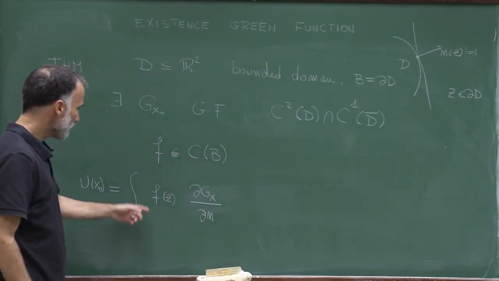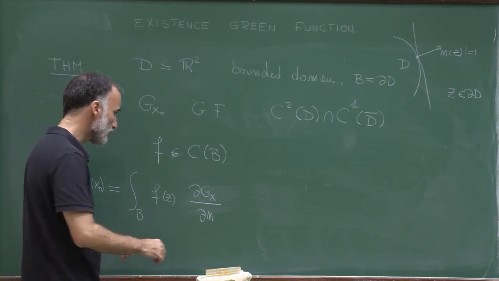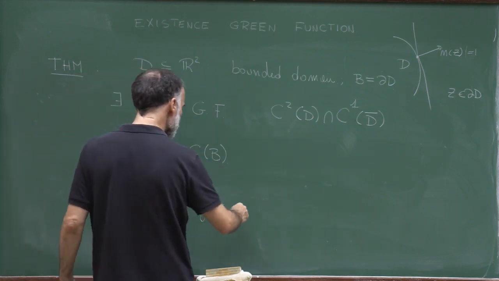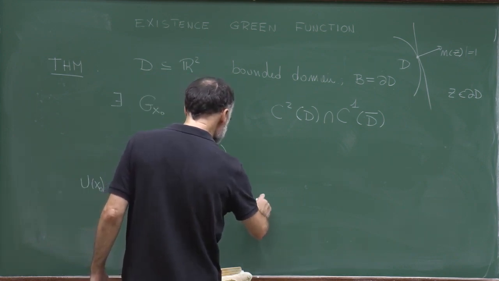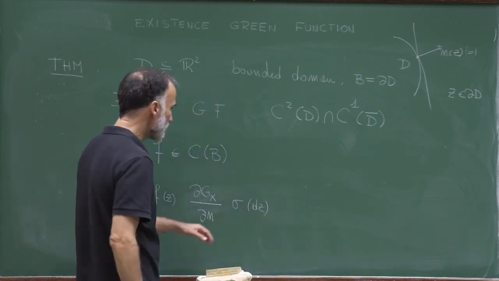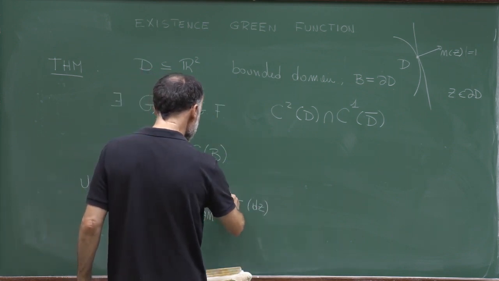And now I can integrate it over this one-dimensional surface, which is the boundary of D, and let me represent by sigma dz the measure at the surface. So this is computed at z.